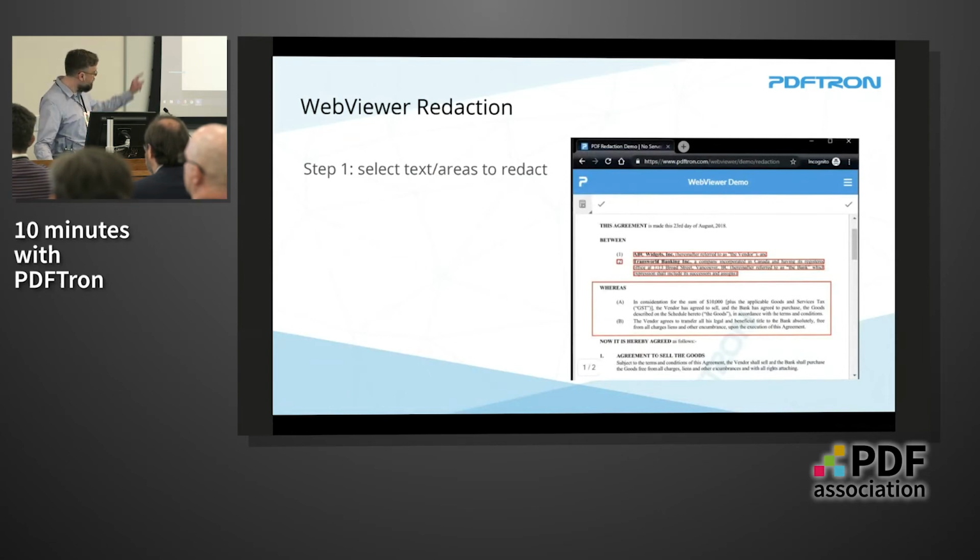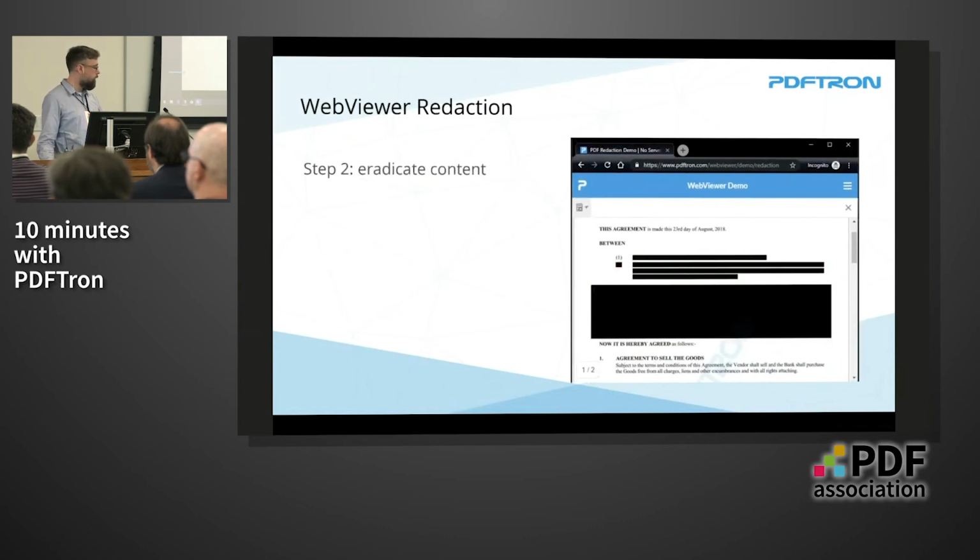So if you see in the first half there, we use text selection to select an area to redact. And that can be done automatically as well through text searches, including regular expression searches. And then this lower area here is where I've just gone in and manually drawn an area to be redacted from the document. And then after having redacted it, that's replaced with black rectangles.